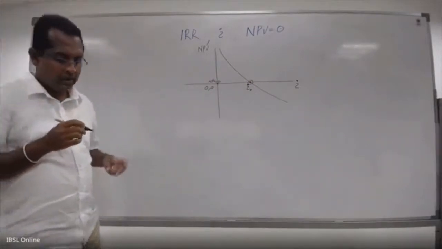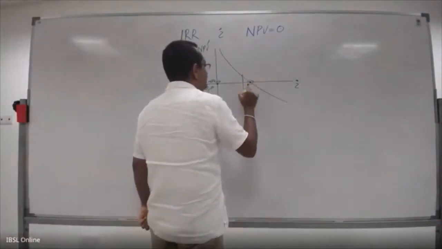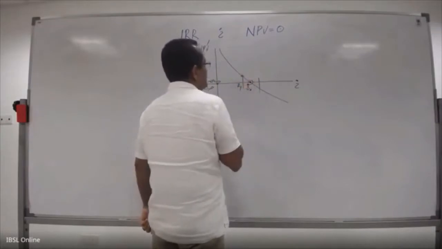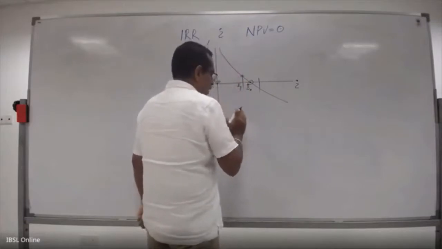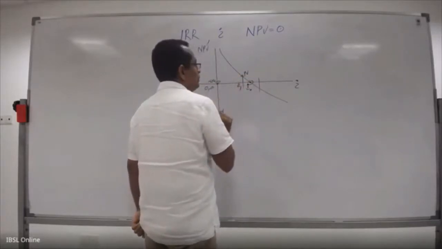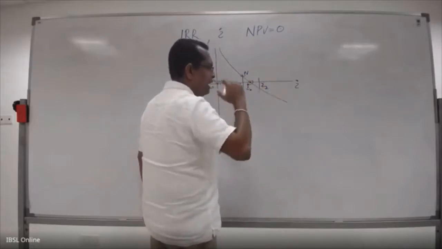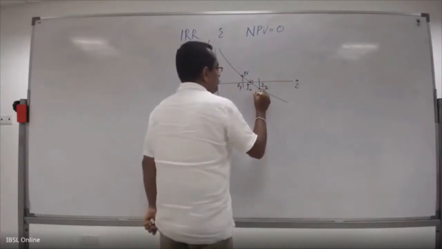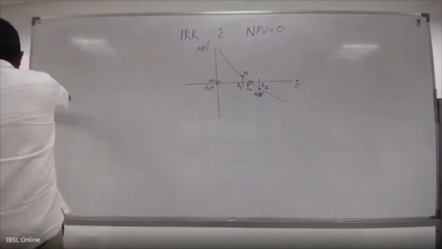In order to find that, I need two interest rates. We call this one I1, where I1 is the rate at which NPV is positive but near 0. I2 would be the interest rate at which NPV is negative but near 0. Negative value. Right? I want to find out these two interest rates and these two NPV values as well.